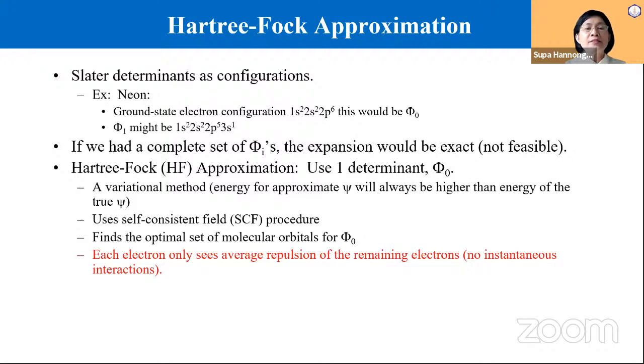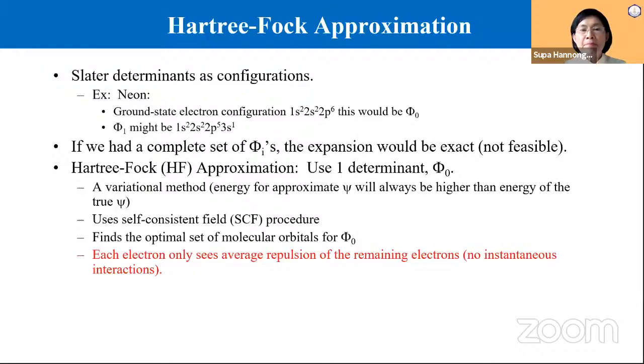And later on, the variational method will use the self-consistent field, SCF, procedure. We make iterations, making a prediction from the energy of the approximate wave function to predict the true wave function.